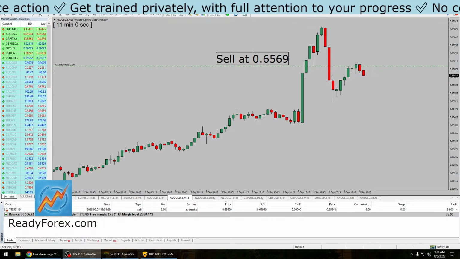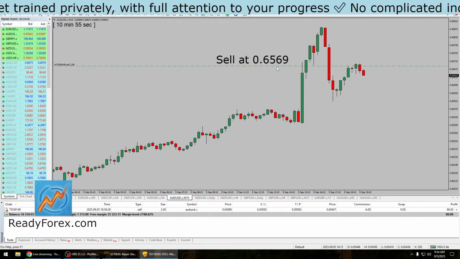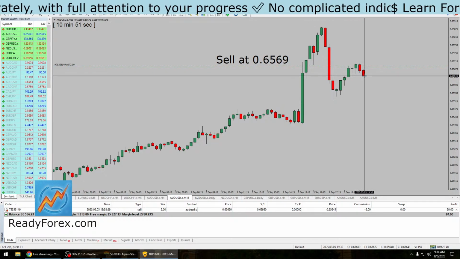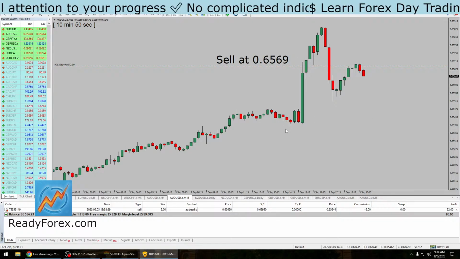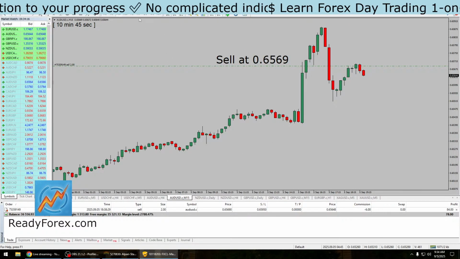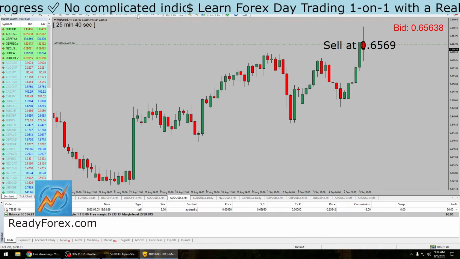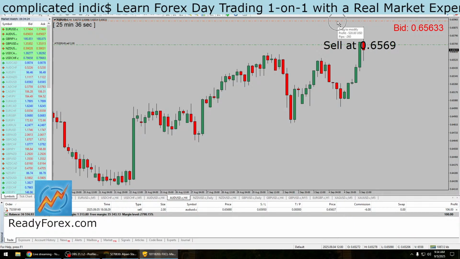Okay, and I'm expecting the market to drop lower over here. The way I see it, the AUDUSD currency pair is probably going to drop. I did also place the stop loss and take profit level as well. So right up there, that's my stop loss.